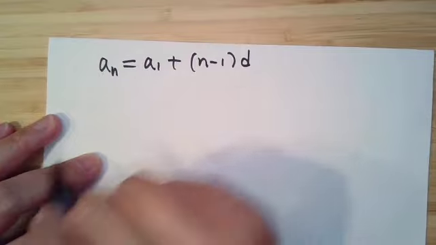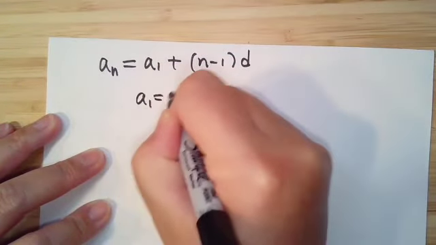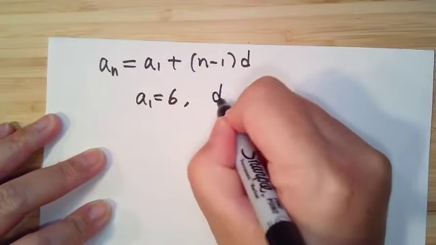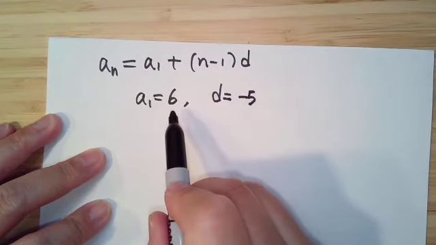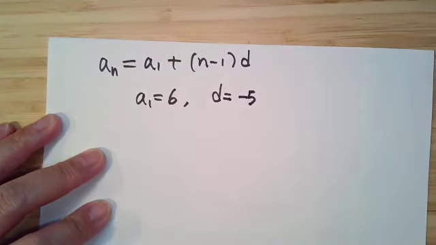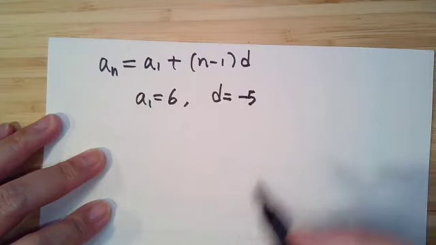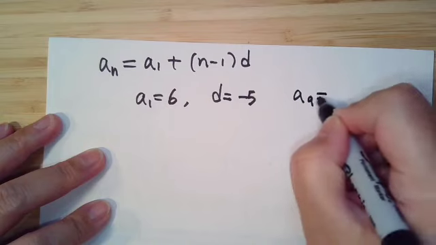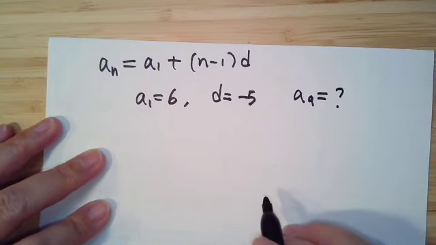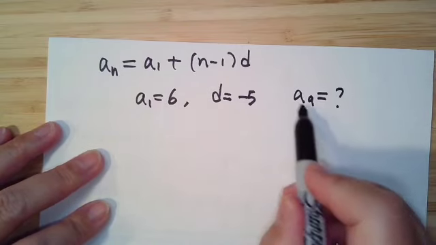If I give you A1 is 6, and D is minus 5. What does that mean? That means go from 6, and every time you go down by 5. And I'm asking, what is A9?